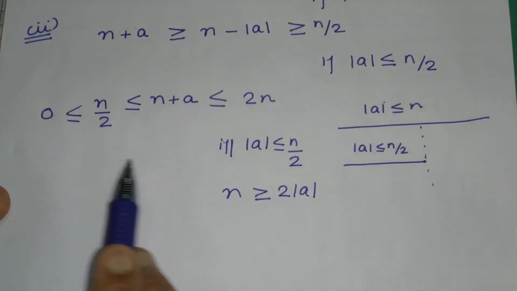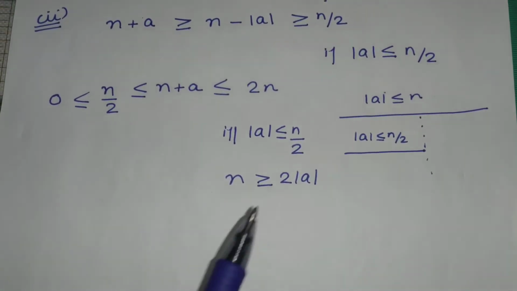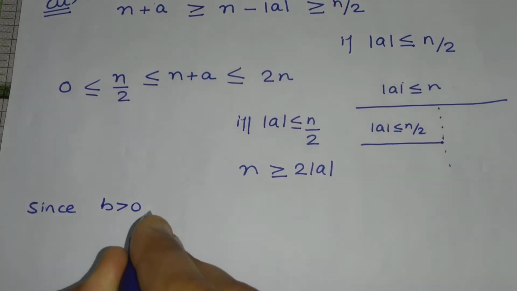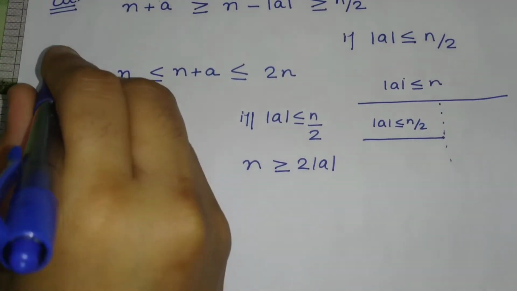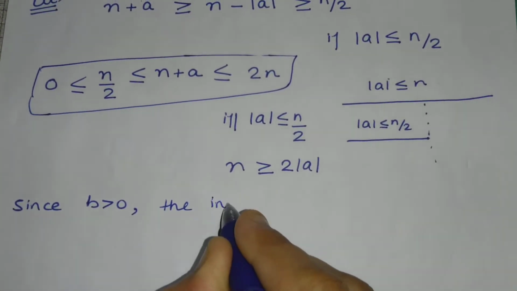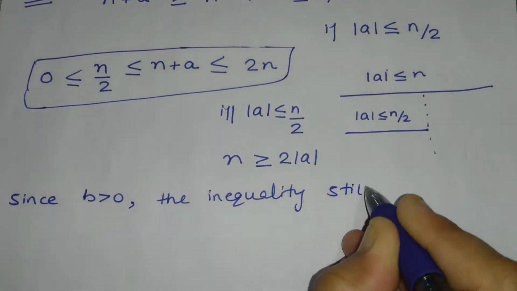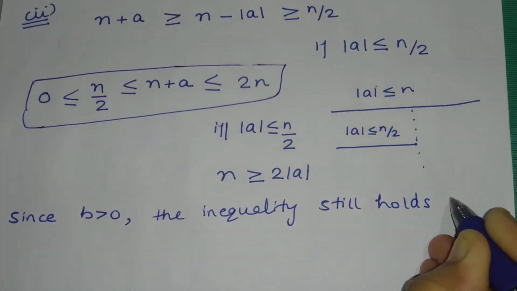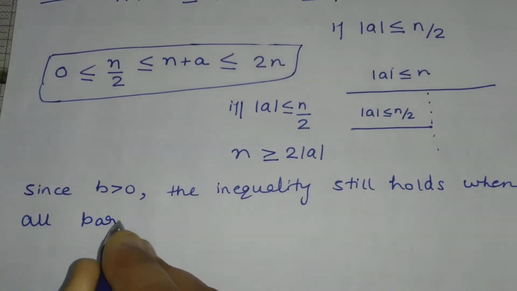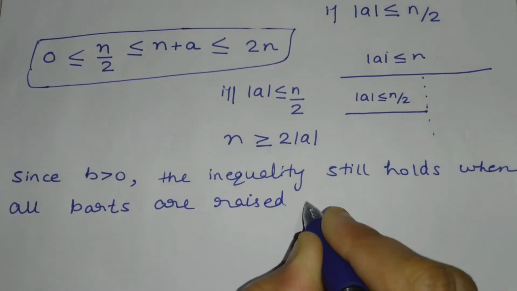After deriving this inequality, if we put the power b, it will not affect it. Since b is greater than 0, the inequality still holds when all parts are raised to the power b.